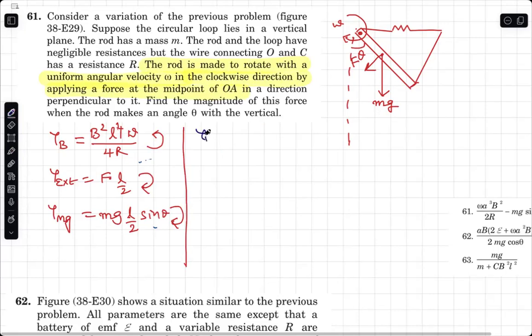So tau net must be equal to 0. Tau net 0 means B square L power 4 omega by 4R must be equal to FL by 2 plus mgL by 2 sin theta.